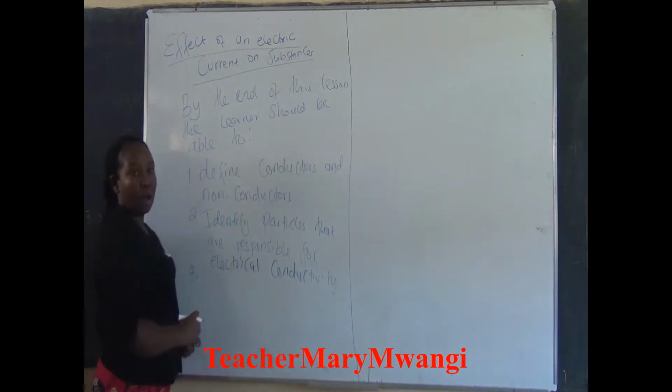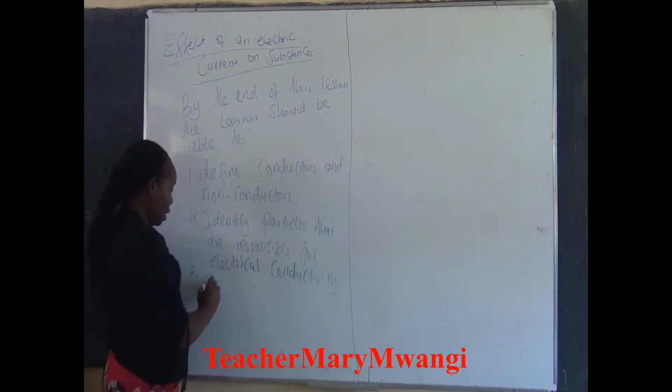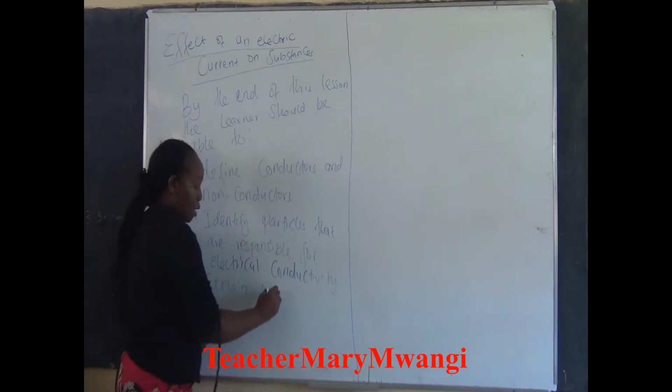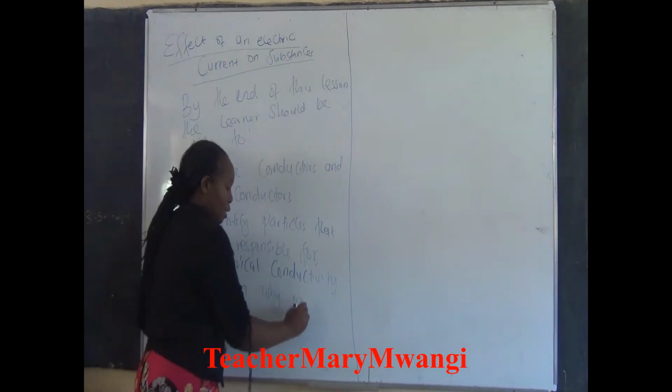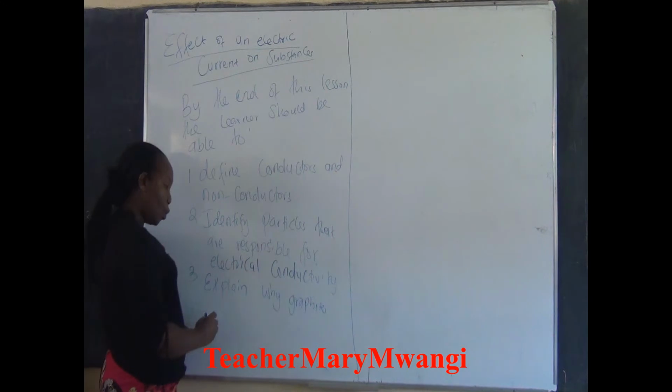The third objective, the learner should be able to identify or explain why graphite, being a non-metal, conducts electricity.